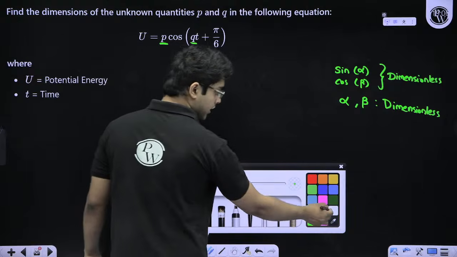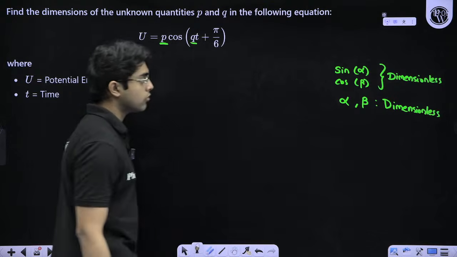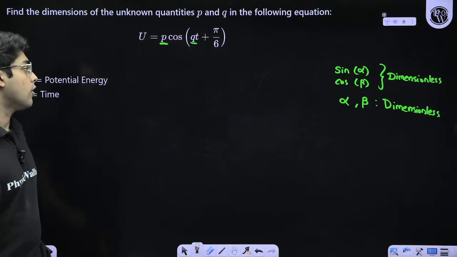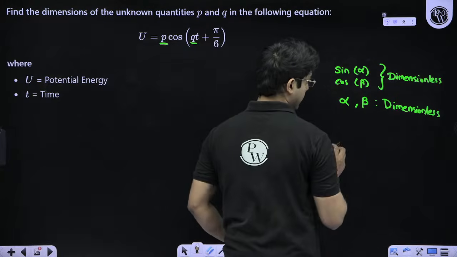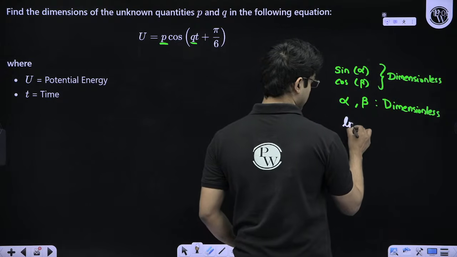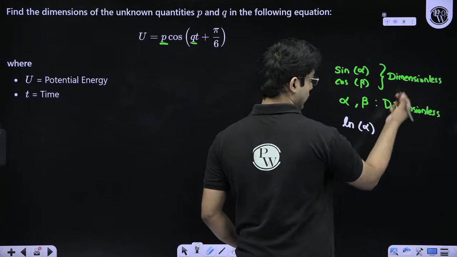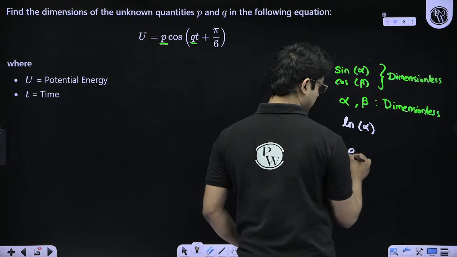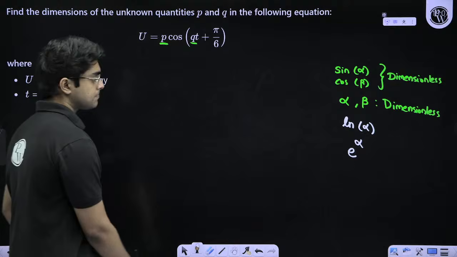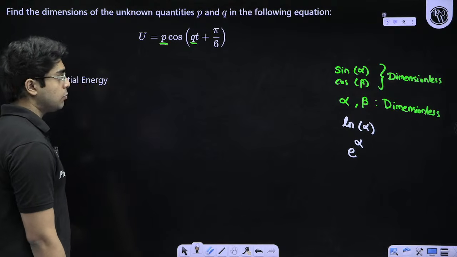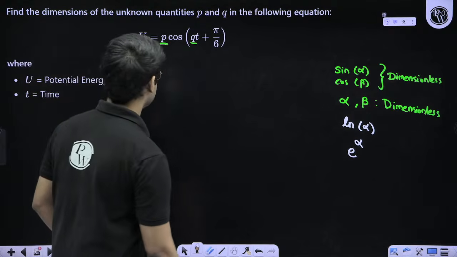Whenever you see a trigonometric function, it's also true for other functions as well, logarithmic or exponential. It can be a log of alpha, or it can be e raised to alpha, and this is still true.